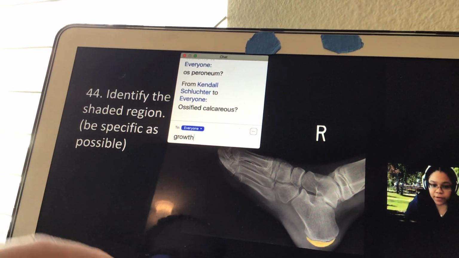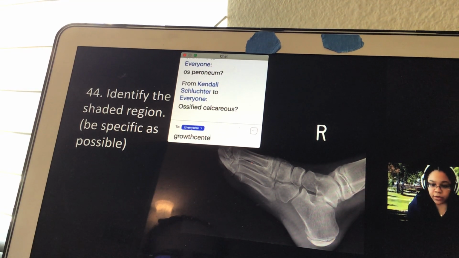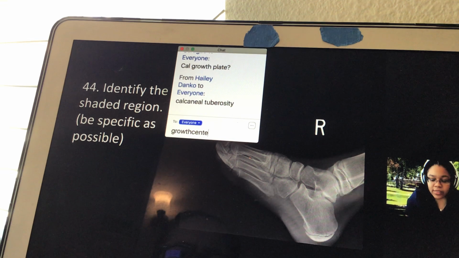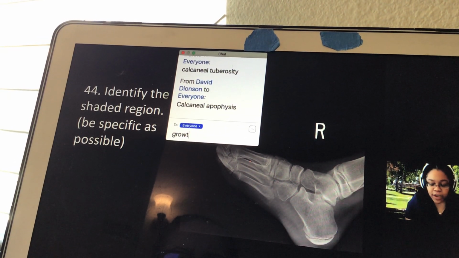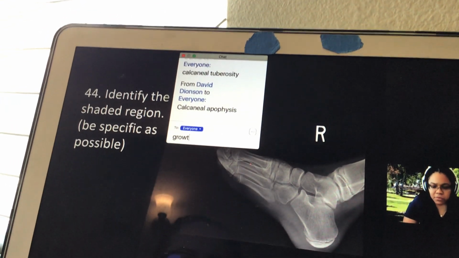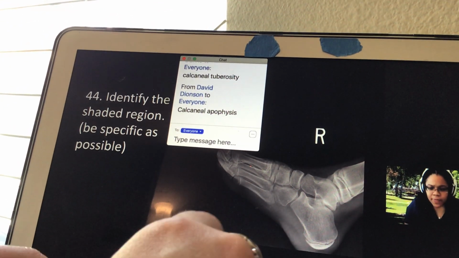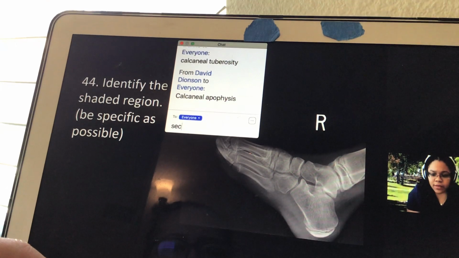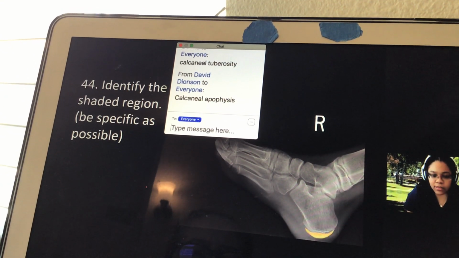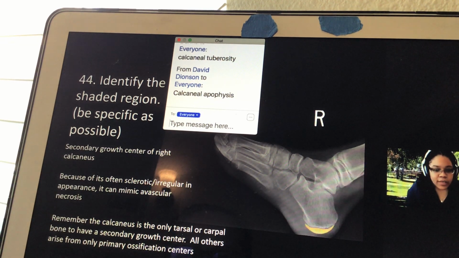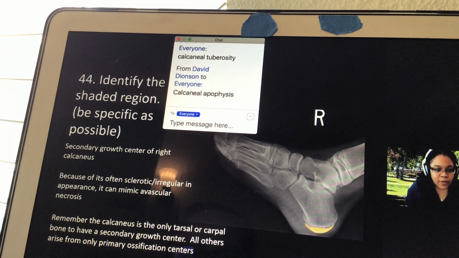So it does appear denser than the remainder of the bone. That's still normal in this case, as long as there's no fragmentation going on and widening at that growth plate. It's fine. It is the calcaneal tuberosity. However, when it's still detached, we can call this the secondary growth center of the calcaneus or the calcaneal apophysis.